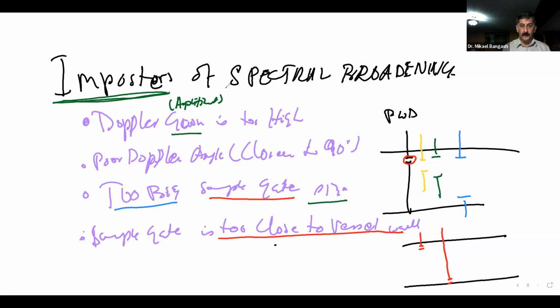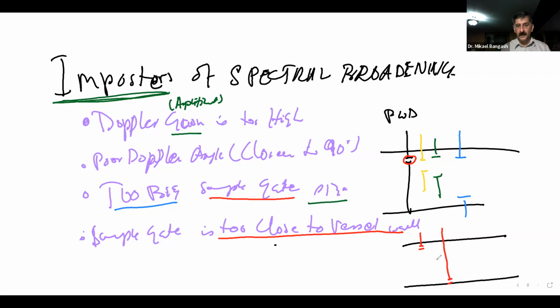That's going to produce a spectral recording that mimics spectral broadening and may make you think that you have a turbulent flow. No. The trouble is mainly because you placed the sample gate in a non-ideal position within the vessel, too close to the vessel wall.